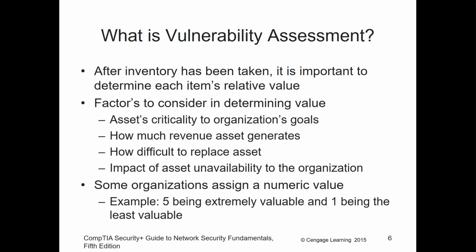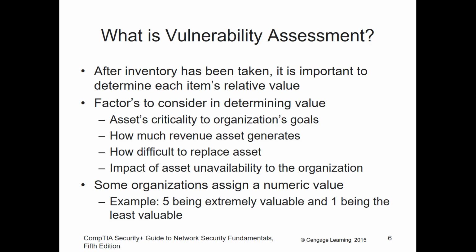After inventory, it's important to determine relative values of those items. When we're determining value, we're looking at how critical an asset could be to the organization. This gets more complicated when we're talking about people, because people also need to be included in this. How difficult is it to replace that asset?